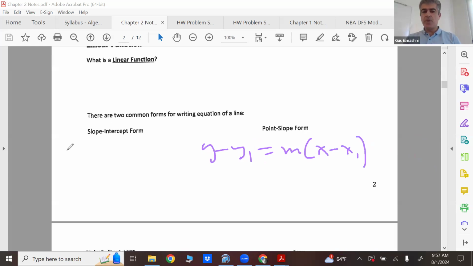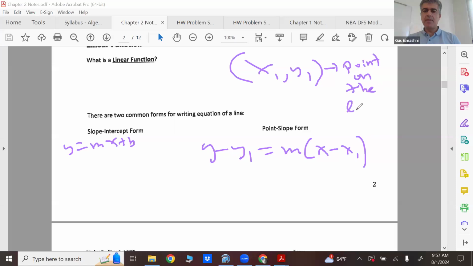It's very similar to slope-intercept form, but (x1, y1) will be a point on the line. And m is still your slope, right? This, just so you know, is actually the preferred form.